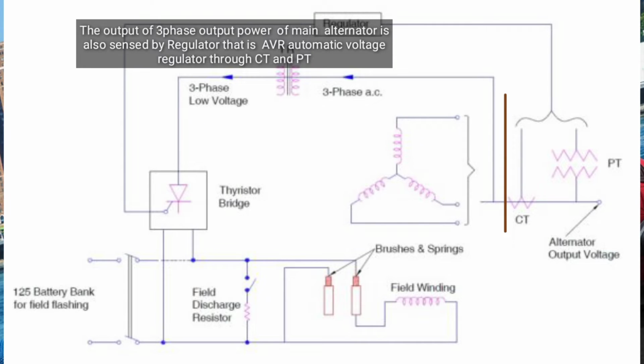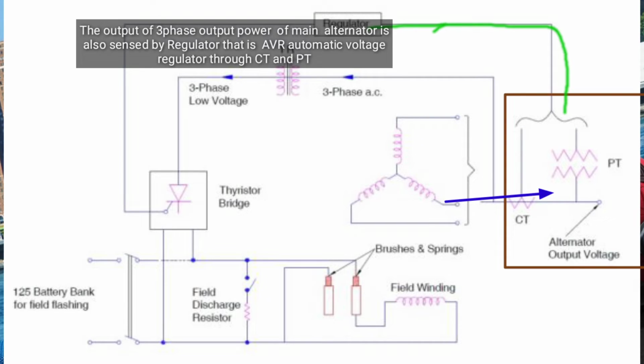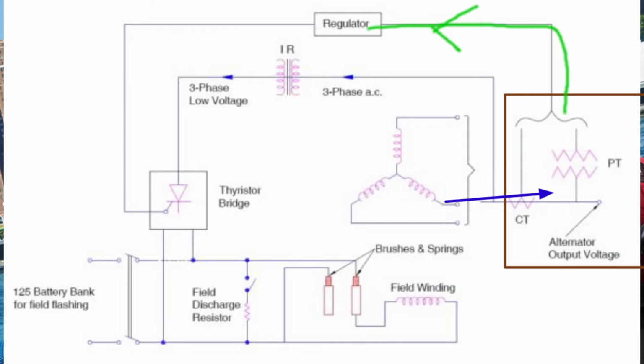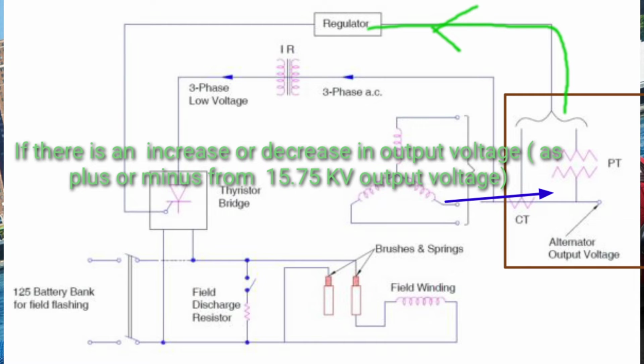The three-phase output power of the main alternator is also sensed by a regulator, that is the AVR, automatic voltage regulator, through CTs and PTs, if there is an increase or decrease in output voltage as plus or minus from 15.75 kV.